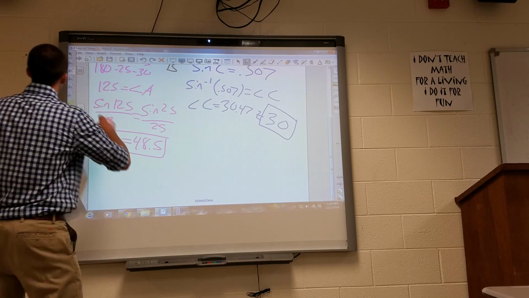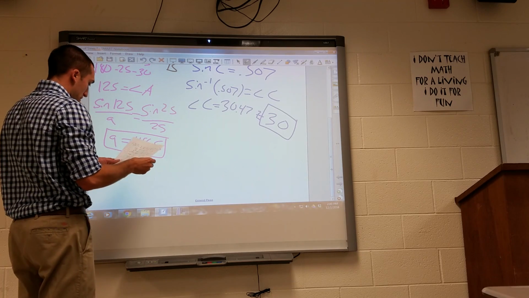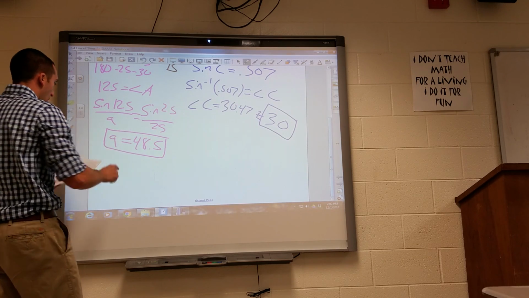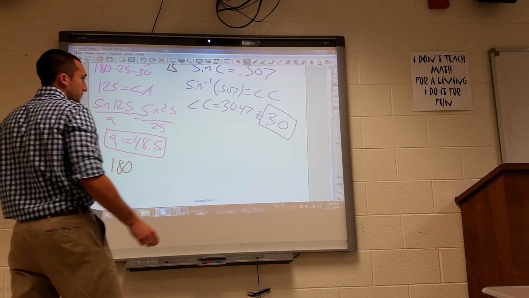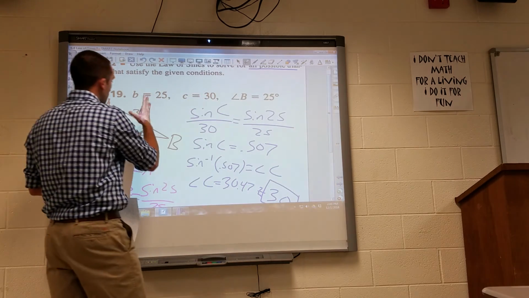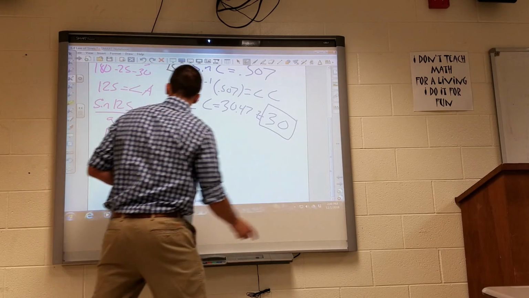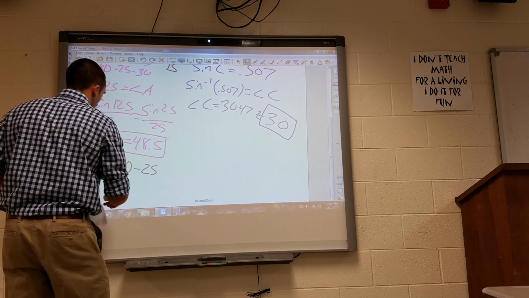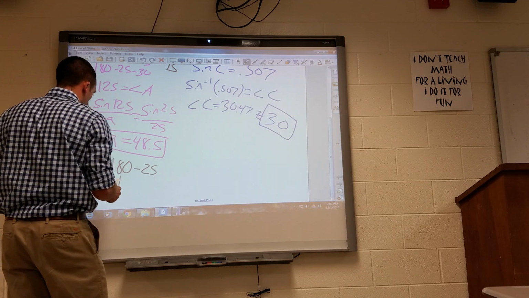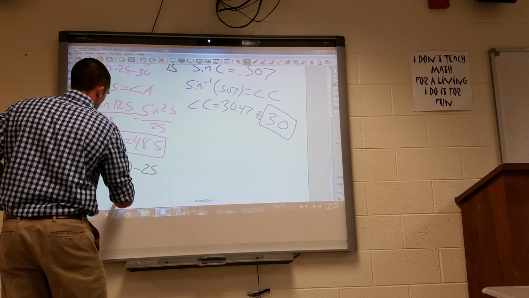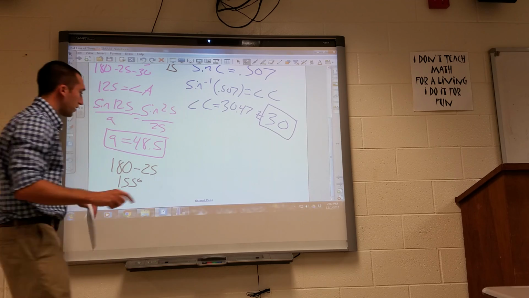I had 180 degrees in my triangle, right? My original triangle is in black. I had an angle of 25 degrees. That still leaves me with 155 degrees.